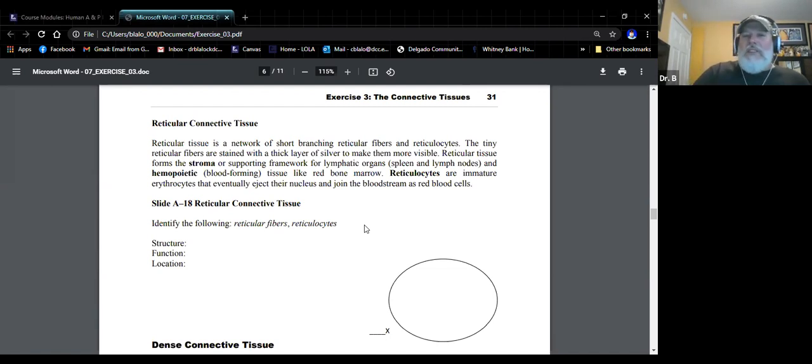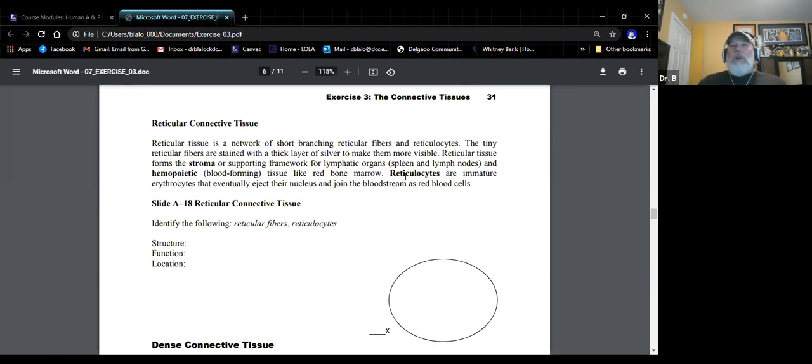are going to be higher in reticular connective tissue. Now, reticular connective tissue is interesting because it also has the ability to form red blood cells. Reticulocytes, which we're going to see scattered through our reticular fibers, are immature erythrocytes. Eventually, these reticulocytes are going to eject their nucleus, and when they do, they enter the bloodstream as red blood cells, because red blood cells are anucleate, they don't have a nucleus.